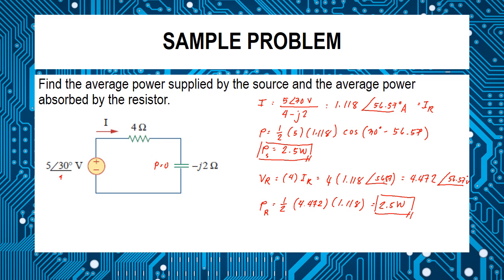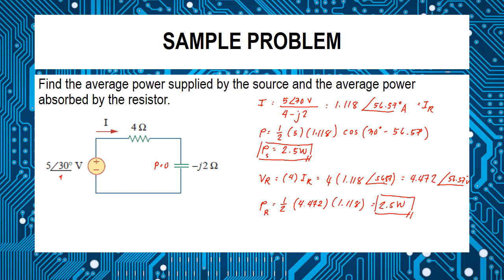So I is equal to 5 angle 30 over 4 minus j2, since this is series. So this will be 1.118 angle 56.57 degrees amperes.